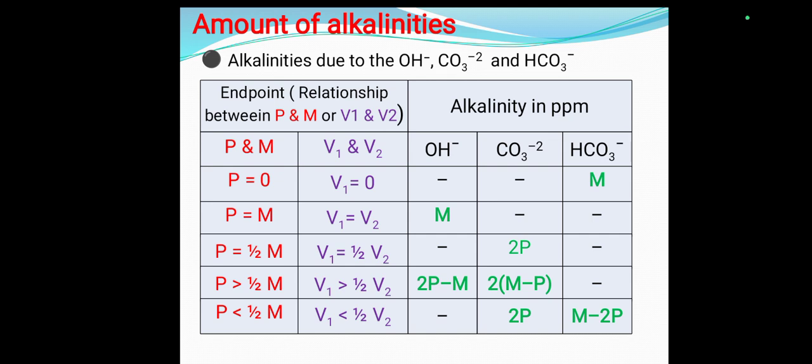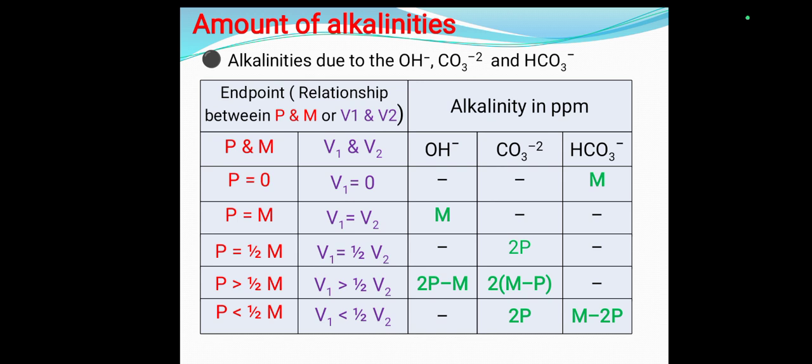Then the last relation, dash, 2p, yum minus 2p. So the place where dash is there, that dash indicates that kind of alkalinity is absent. And the place where yum, p, or some formulas are there, like yum minus 2p, 2p minus yum, 2 inside the bracket yum minus p, in that case that alkalinity is present, and dash means that alkalinity is absent.